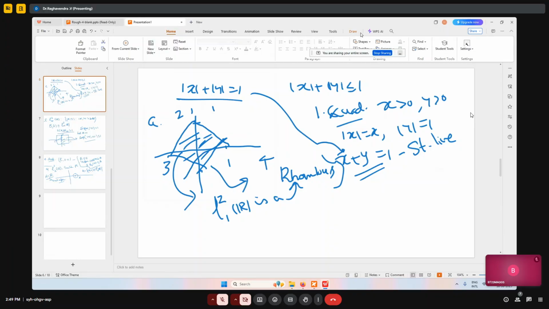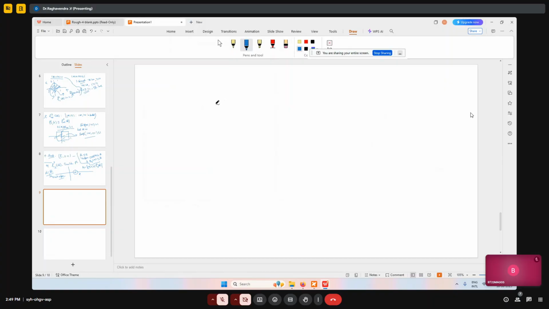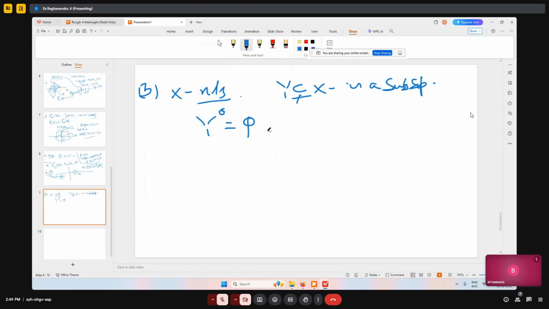This is the gap P. You have X to be a normed linear space, and Y not equal to X is a subspace. Then what we said is that the interior of Y is empty. This is one of the questions in your exercise.